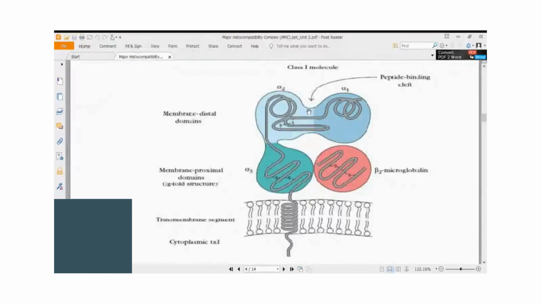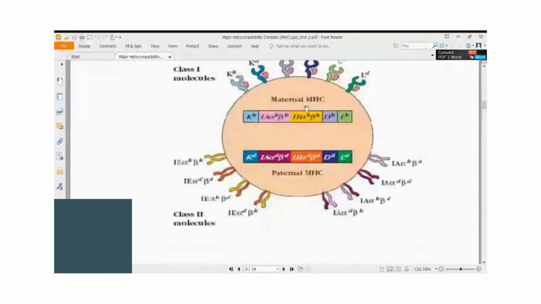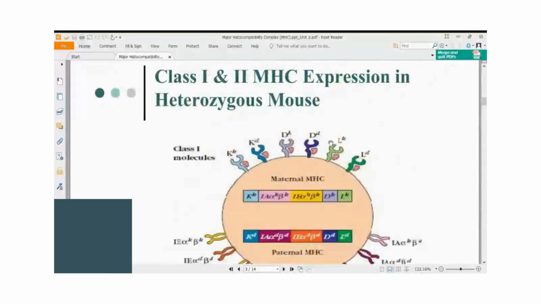There are 59 A alleles, 111 B alleles, and 37 C alleles in that gene cluster. And that allele expression, which is multiple allelic expression, goes in permutation and combination, and therefore in any healthy individual, there are six haplotypes like this. On top here, the class 1 is expressed on a cell.